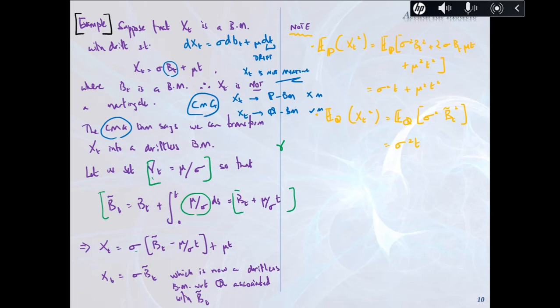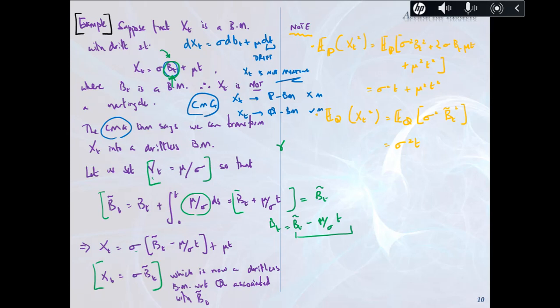Now Bt tilde is equal to this. I want to define my Xt in terms of Bt tilde, so I replace Bt by Bt tilde minus mu over sigma t. When I replace it, after simplification, I get this.